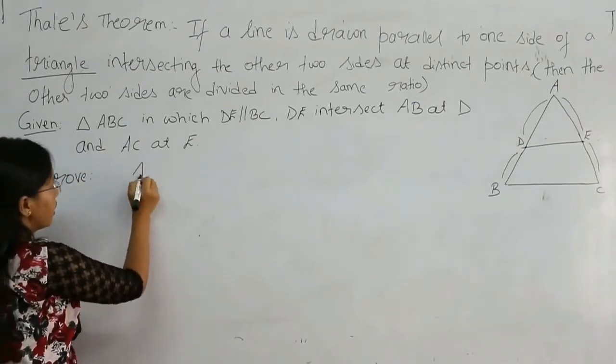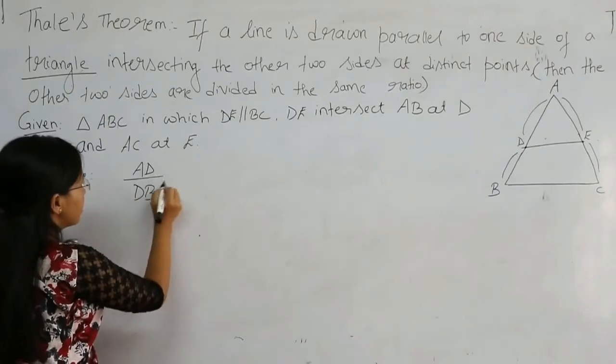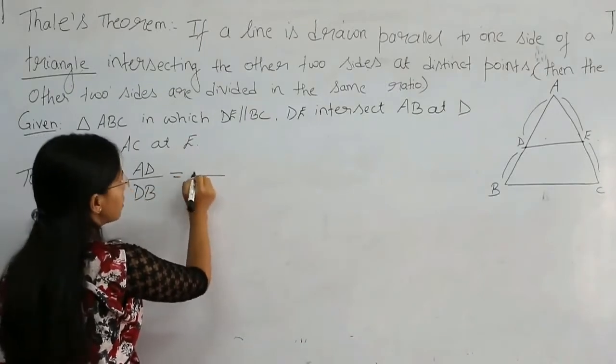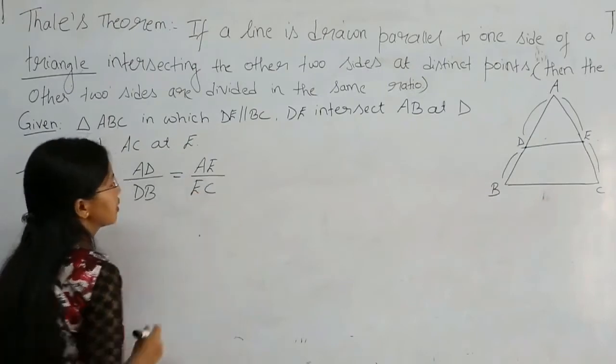So we have AD divided by DB must be equal to the ratio AE by EC.